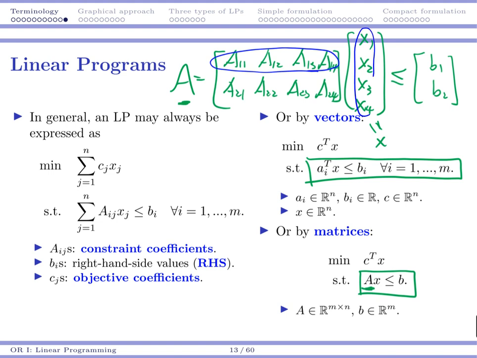This and this. The inner product gives you an inequality with respect to b1. And then this and this with respect to b2. So altogether, that's simply a matrix inequality. And with that matrix inequality, you are done with expressing your linear program.